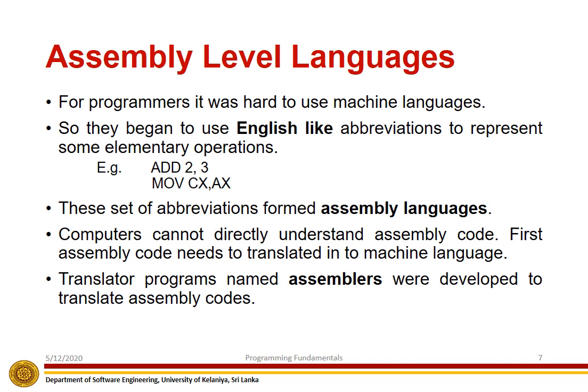You just write the code add 2, 3 to add the two numbers. If it is in machine language, you would have to write several zeros and ones to get that code. Like that, there are so many codes available in assembly language. This set of codes is human readable and it is easier to code than machine language.